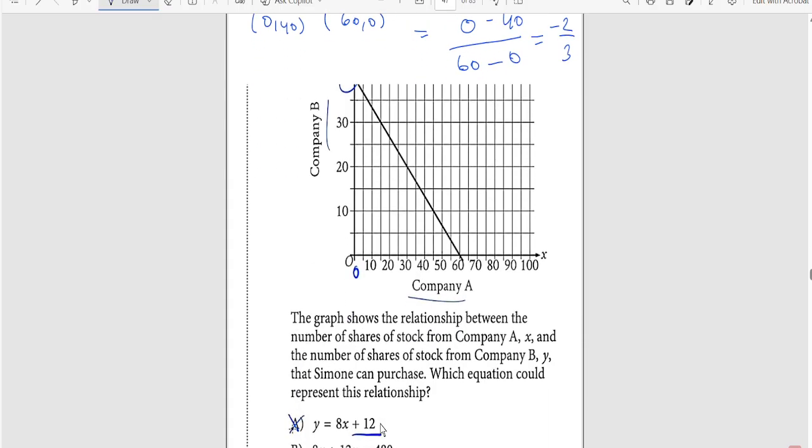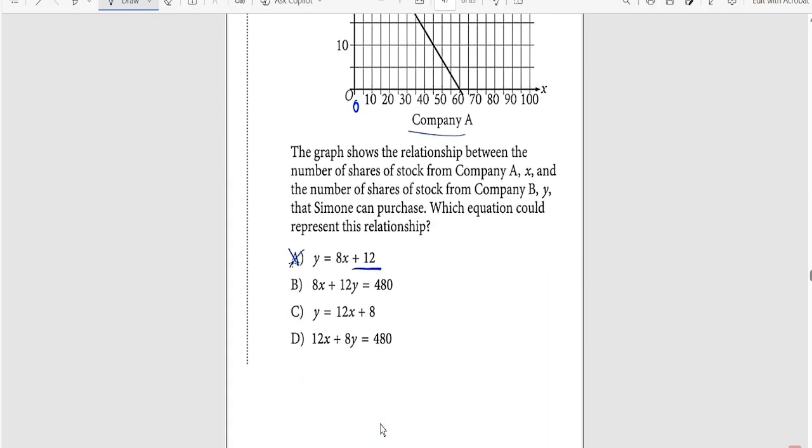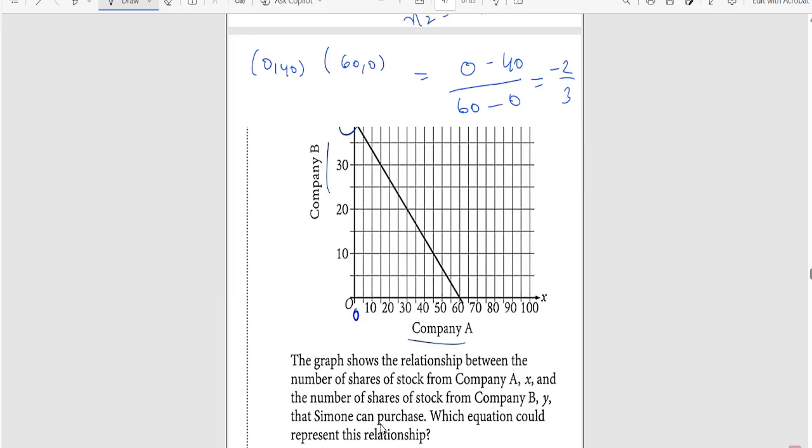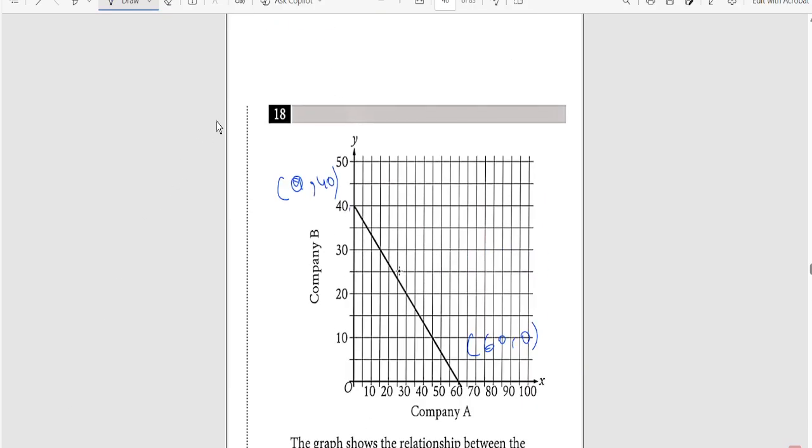I have the slope and the y-intercept, so I can use the slope-intercept form, which is y equals mx plus b. The slope is negative 2 over 3, so y equals negative 2/3 x plus b. The y-intercept, as you can see from the graph, is 40. This is my y-intercept, right?